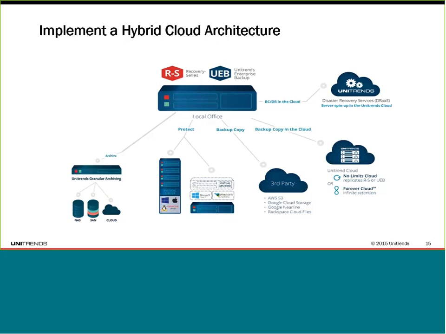So if you look at a hybrid cloud architecture, this is a quick architectural image of what a hybrid cloud would look like, and that's the ability to back up, have a single point solution that provides backup of all of your assets, whether they be physical or virtual or any other application.